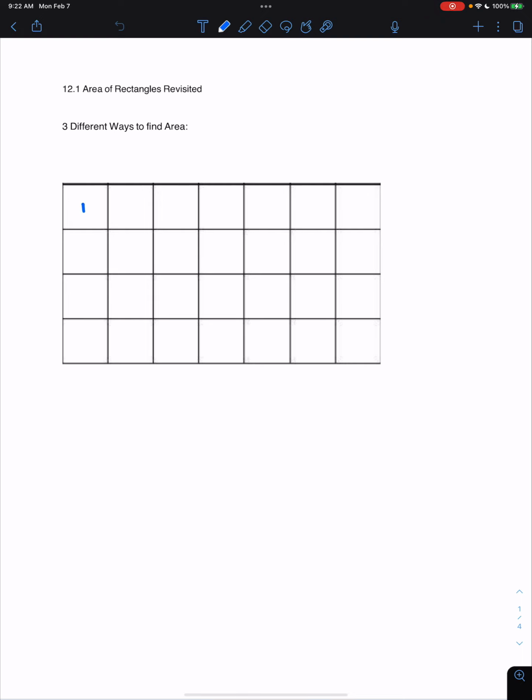So we could just go 1, 2, 3, 4, 5, 6, 7, etc. The whole way up to 28 square units. So we could just count the 28 square units of this rectangle.